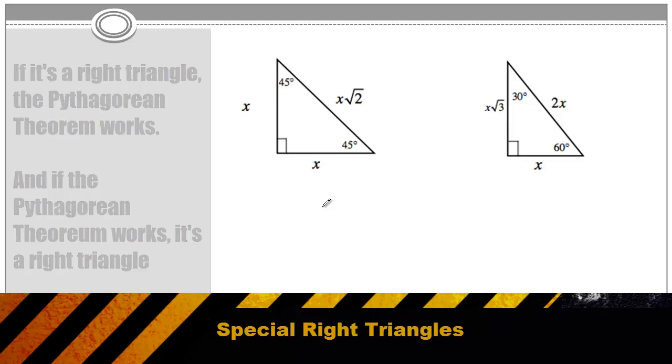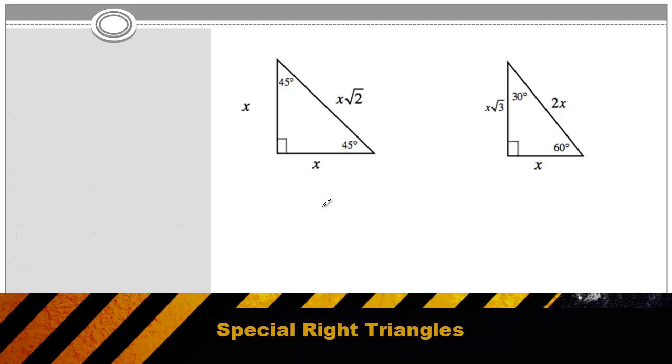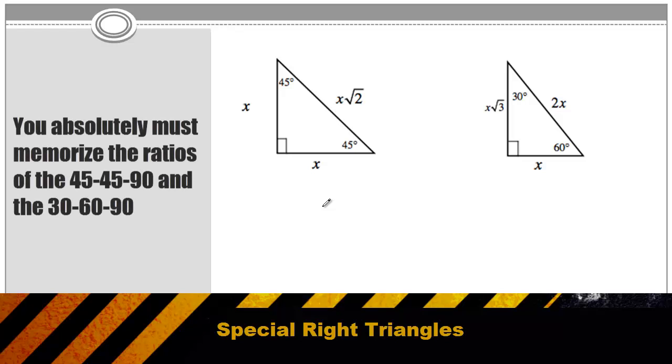There are 2 special right triangles where you absolutely must memorize the ratio of the sides. The first is a 45-45-90 triangle, also known as an isosceles right triangle. In an isosceles right triangle, 2 sides are the same, and your hypotenuse is equal to the legs times the square root of 2.